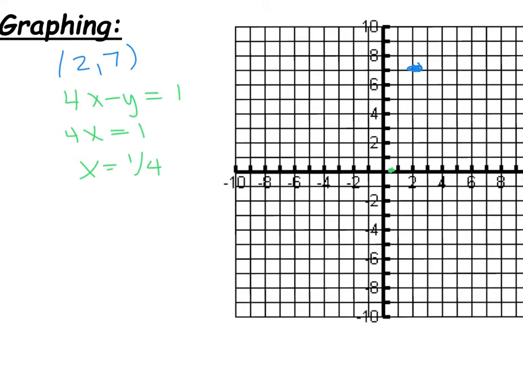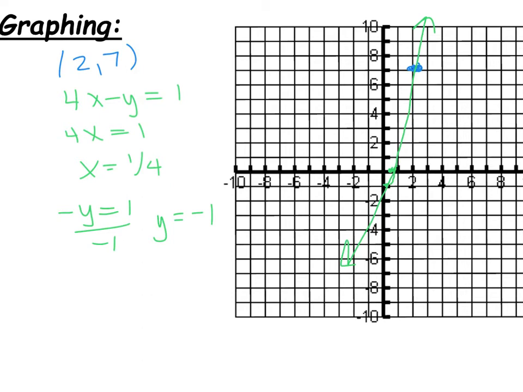That means we're putting 0 in for x, so x disappears, and I get negative y equals 1. We divide each side by negative 1, and I get y equals negative 1. So if we go to the y-axis at negative 1, that would be right here. If I connect my two green dots along with my blue dot, that is the equation for the first one. That's not a very straight line.